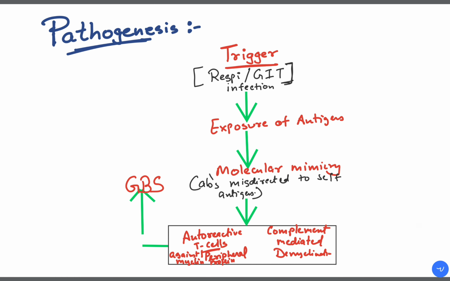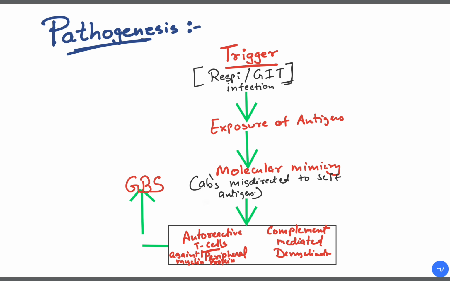Pathogenesis. So there is some antecedent event. Say for example, there is a trigger, and most commonly in approximately 70% of the cases of GBS, there is a trigger with this, either a respiratory infection or a GIT infection, and the most common organism responsible for this is Campylobacter jejuni. On successful infecting the patient, there is exposure of its antigen, the body does not recognize it, and there is a misdirected response to the antigen, and there is this term molecular mimicry.